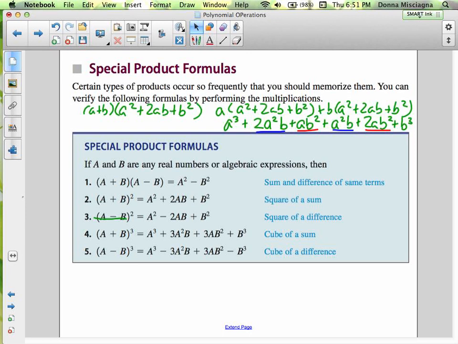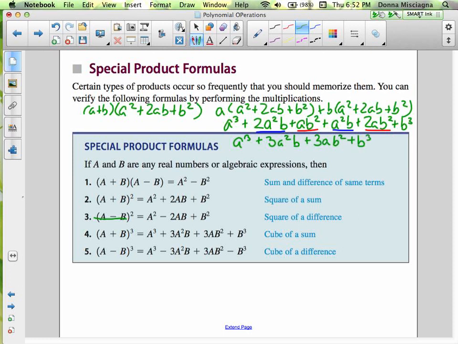So we have a cubed, 2a squared b plus another a squared b would be 3a squared b. ab squared plus 2ab squared would be 3ab squared. And just a b cubed. And there we go. Now there is another way that you could get those coefficients.